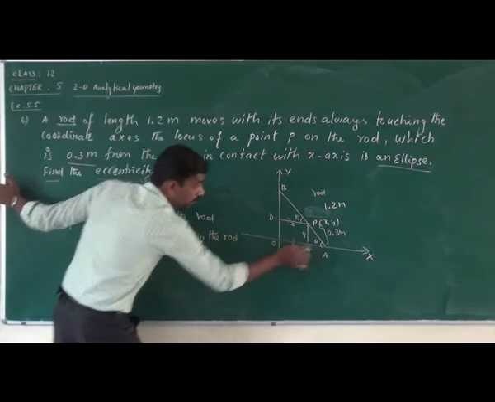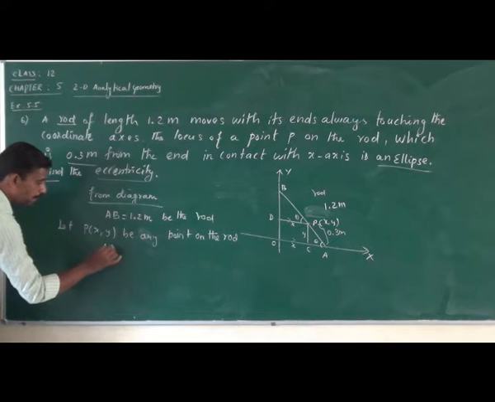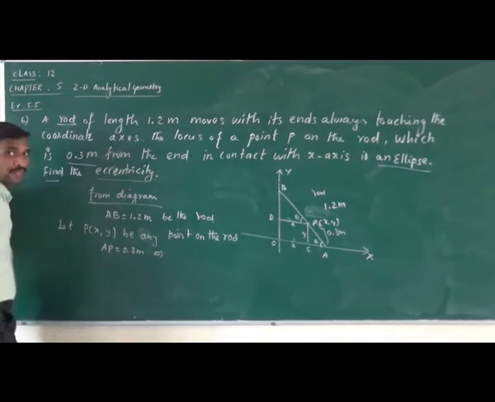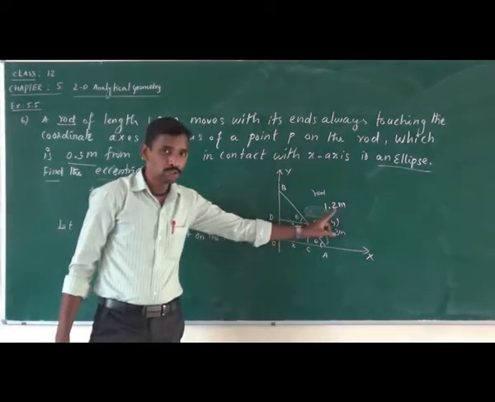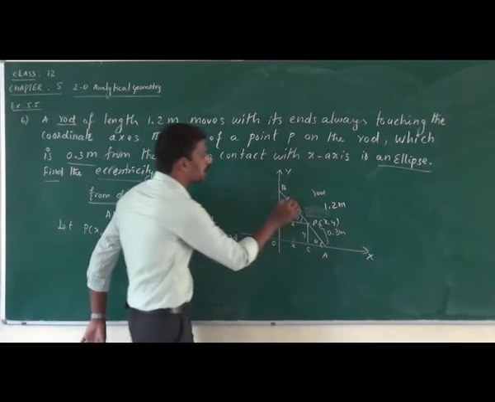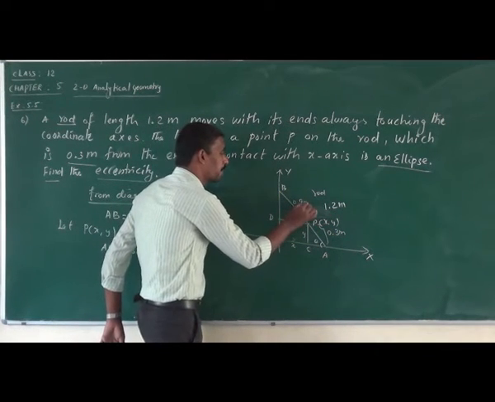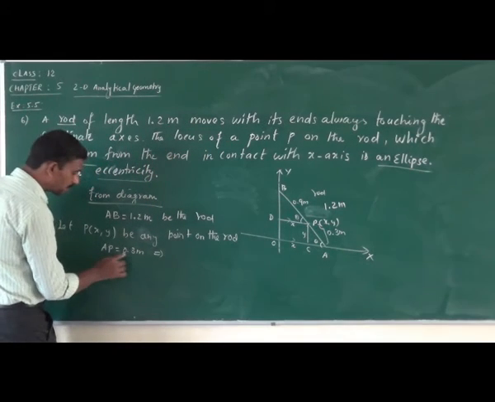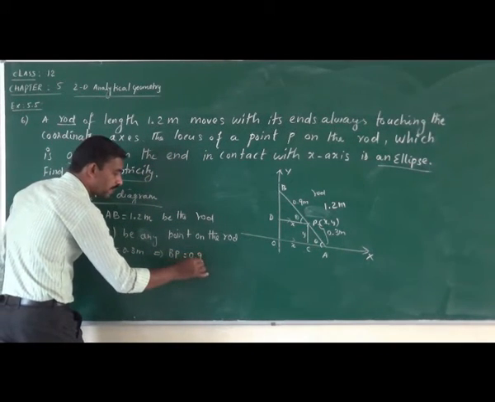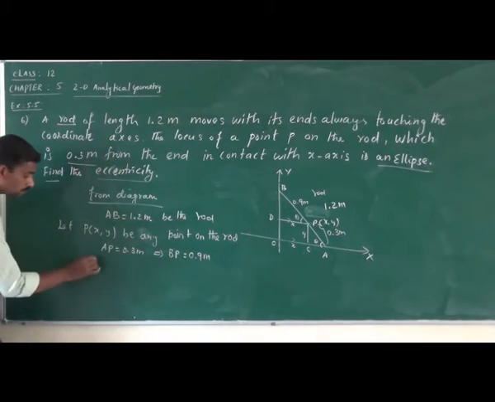Next, the distance AP is equal to 0.3 meter. Since the overall length is 1.2 meter and AP is 0.3 meter, what about BP? Clearly 0.9 meter. Right? So AP is equal to 0.3, then BP is equal to 0.9 meter.